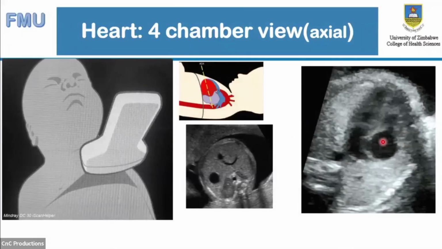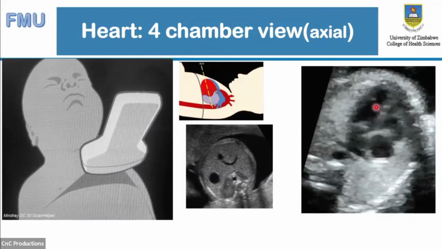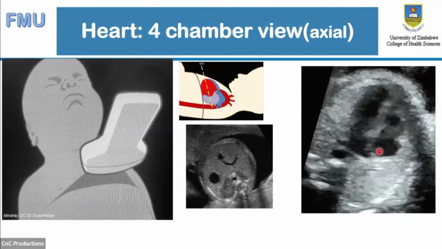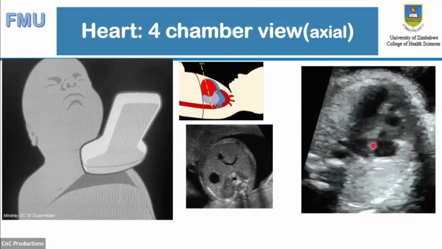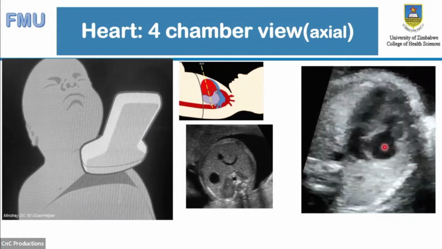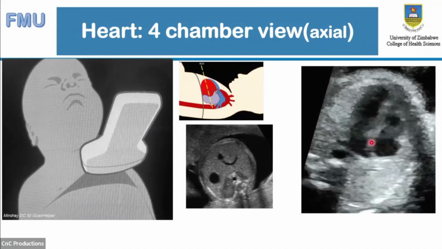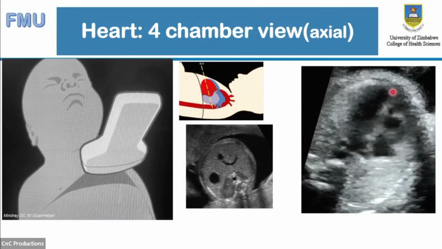Then the morphologic right ventricle should have a moderator band. Then the right atrium and the left atrium are almost the same size, as should be the left and the right ventricles. Within the atriums there should be a foramen ovale, which shunts blood from the right atrium to the left atrium. Then we also assess the ventricular septum. We do not want to see any defects on the septum.